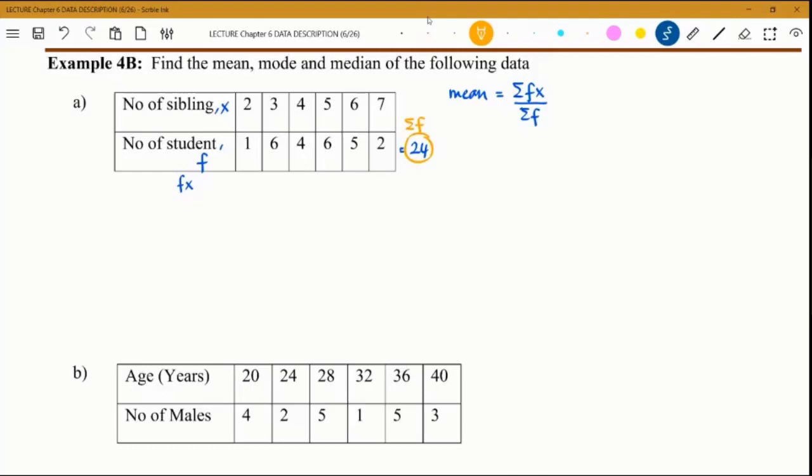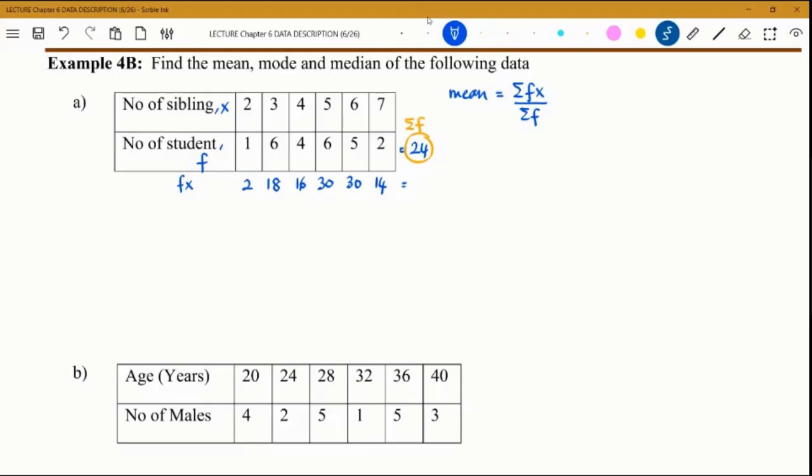Okay, so for fx we multiply x by f. So here we have 2, 18, 16, 30, 30, 14. Okay, so add up. We will get it at the end here. So if we add, what do we get? 2, 18, 16, 30, 30, 14.